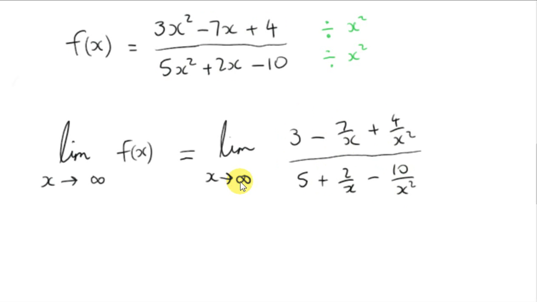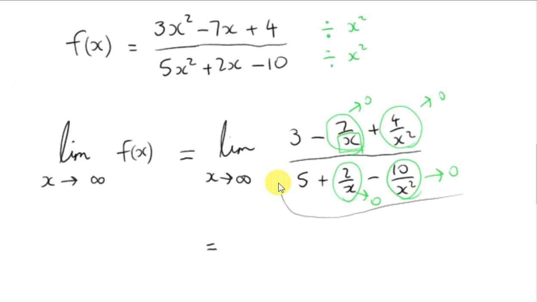So we know that as x tends towards infinity, and it actually doesn't matter whether it's positive or negative infinity, these 4 fractions will go to 0. The denominators will blow up, and when the denominator of a fraction blows up, the entire fraction approaches 0.